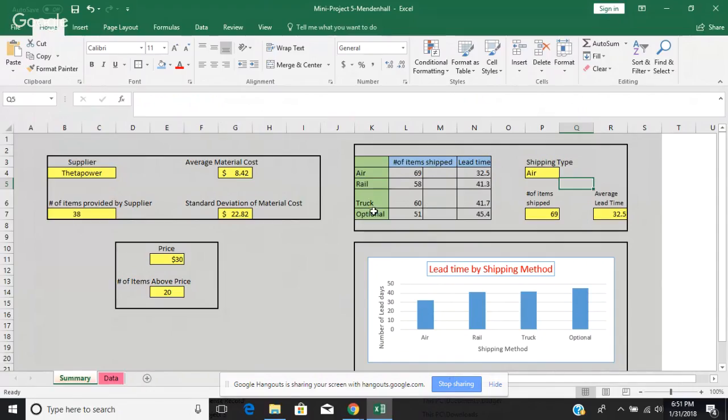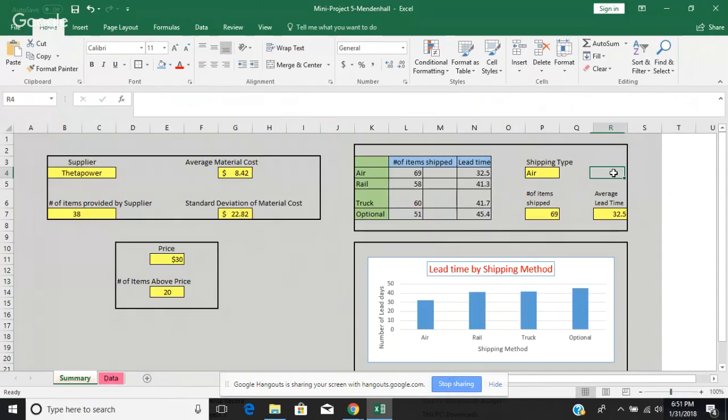But the ones underneath on that little chart of air, rail, truck, and optional, those don't move, right? No, this stuff doesn't move. Is that the way you made yours? Not originally, but then I looked at your pictures and I was like, okay, that makes way more sense to do it that way. I'm sure there's a million ways to do that.